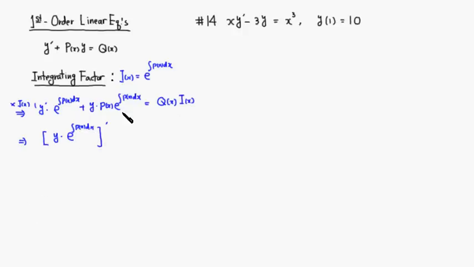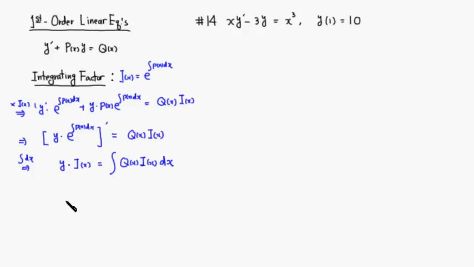So this is equal to q of x times I of x. Once you know the derivative, we can take the antiderivative with respect to x. Then you get y times I of x is equal to the integral of q of x times I of x dx.